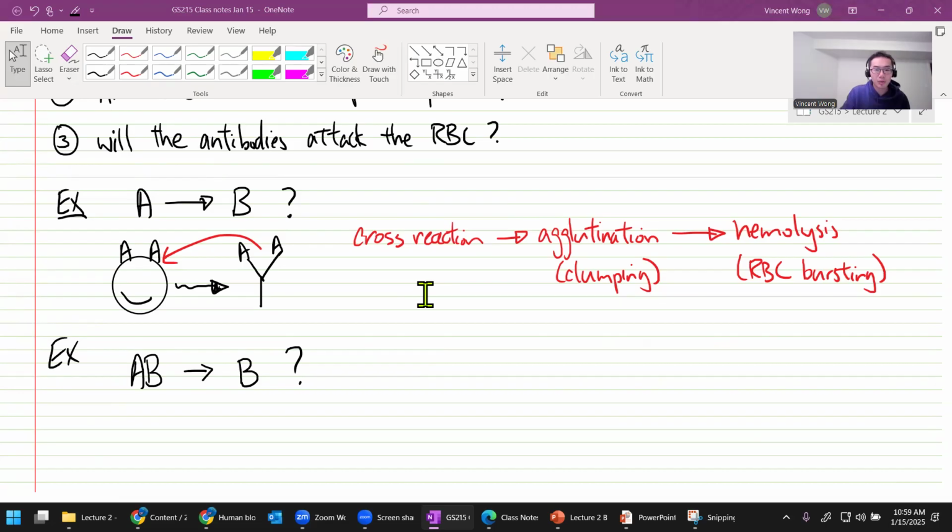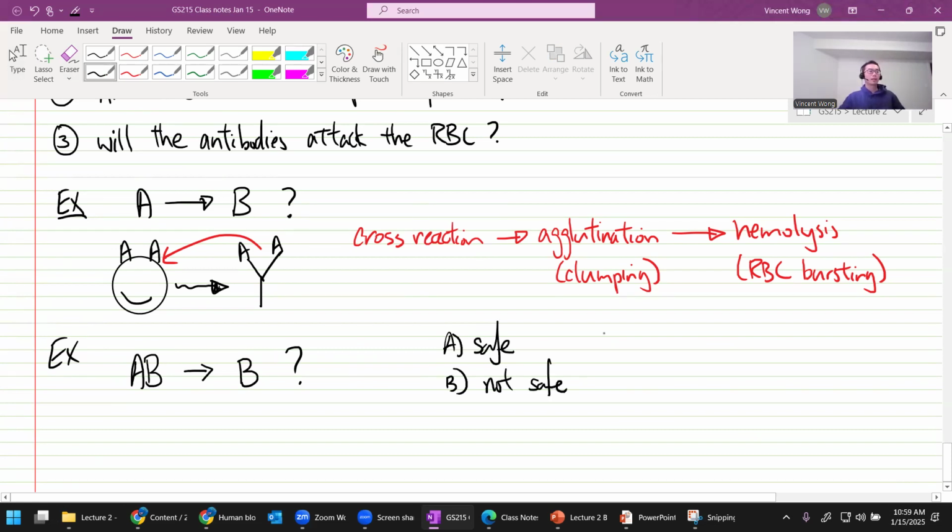If you think this is safe, please choose A. If you think it's not safe, please choose B. Anyone else before I move on?